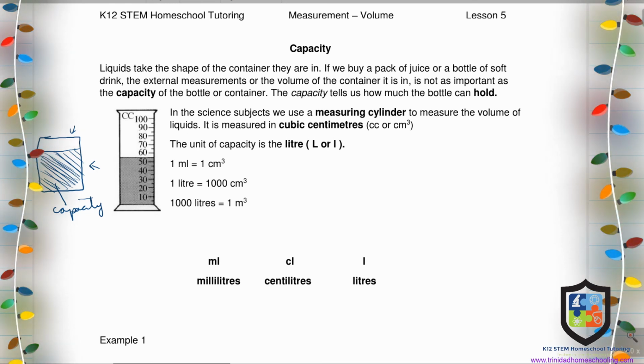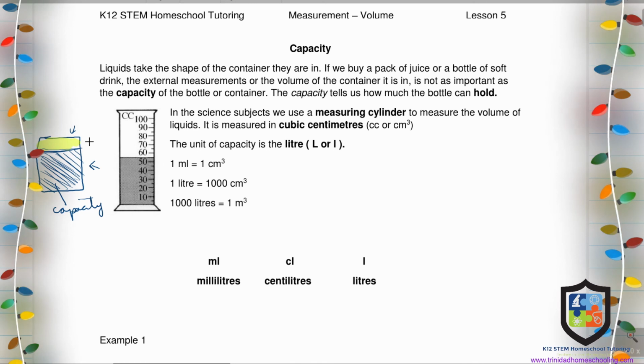So all these pieces here that is yellow could be a piece of the box itself, a solid piece of the box. We don't care about the external measurements. We care about the capacity, how much liquid this box could hold, or the bottle or whatever the container is.